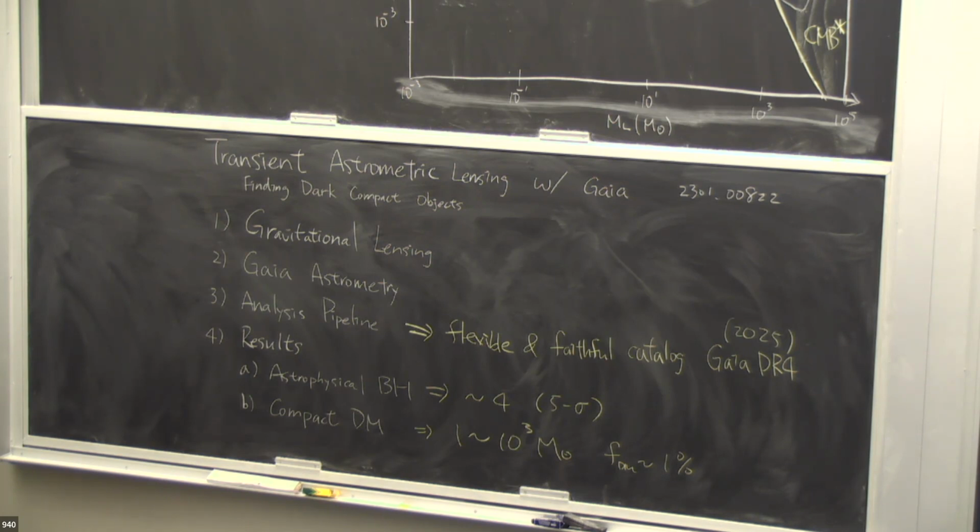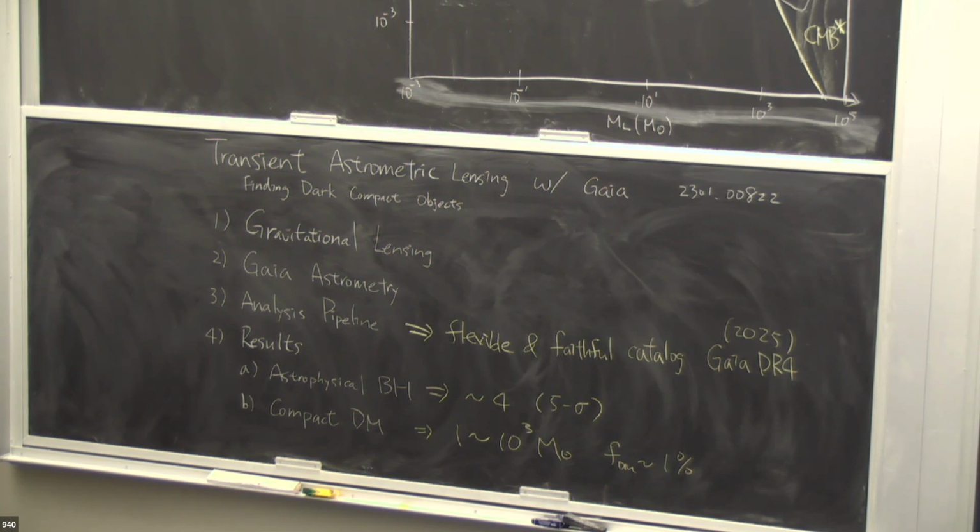Straight lines. So here is some impact parameter b, and then you have the distance to the lens and the distance to the source.